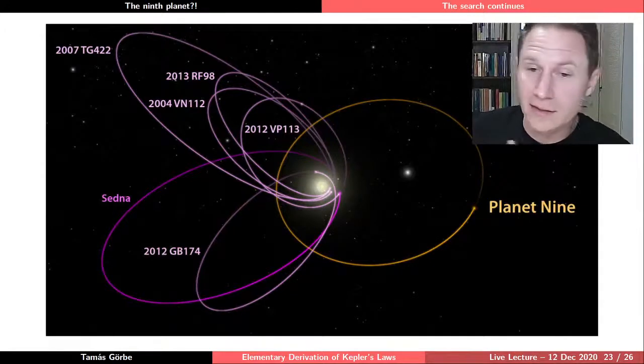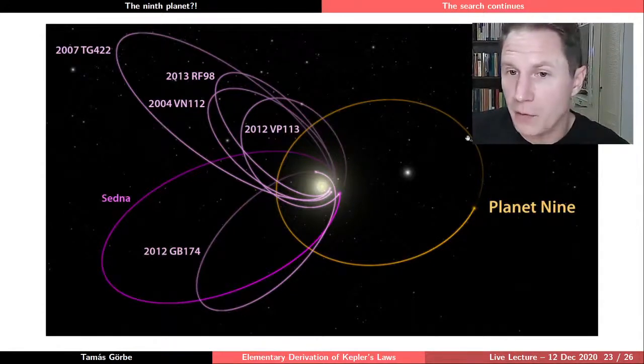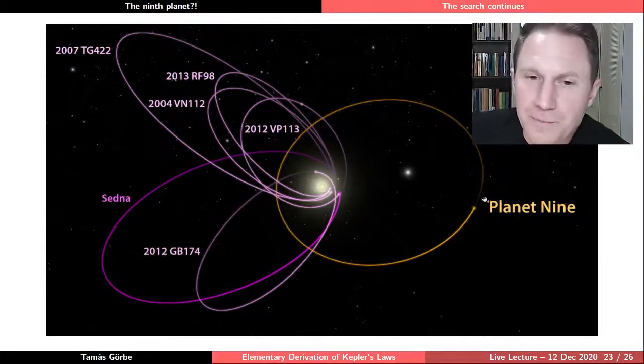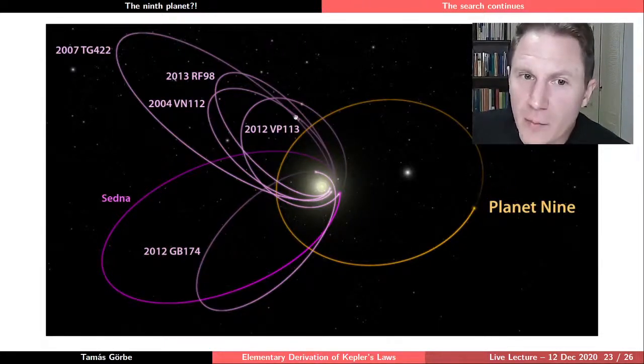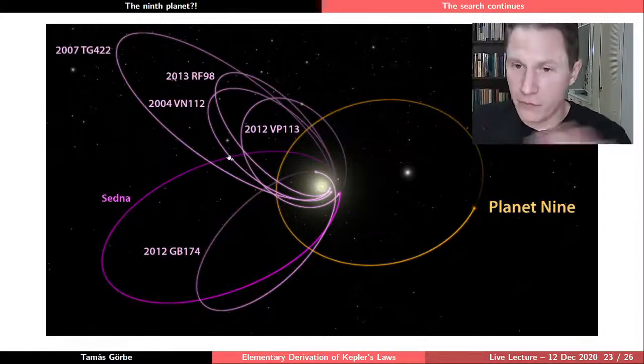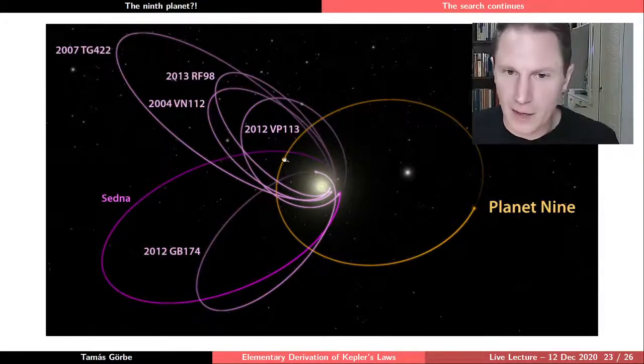There is a hypothesis about a 9th planet which would explain some of these highly elliptical orbits of objects, as I said, far outside of the Kuiper belt.